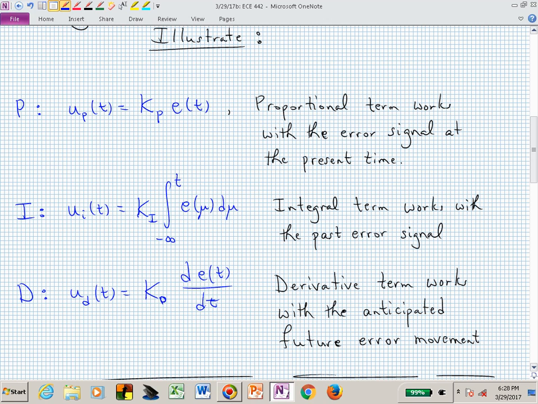So it's differentiating the error and responding to the derivative of the error signal, so that you're worrying more about future behavior relative to your error signal. The derivative term works with the anticipated or future error movement. So PID, a three-term controller, works with present, past, and future type information. And that should give us a lot of flexibility in adjusting the behavior of our controlled system.